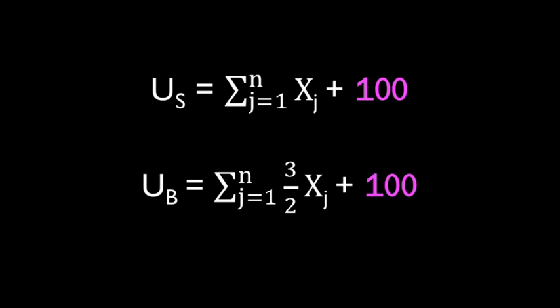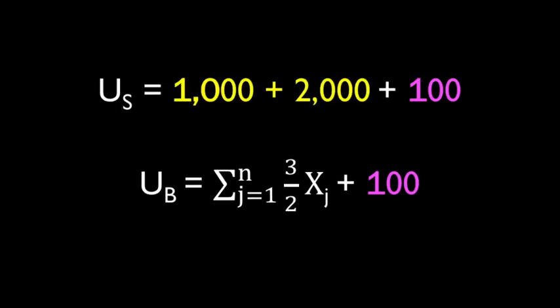If those two used cars were sitting on the seller's driveway, how much utility would he get out of them? Well, he'd get 3,000 units of utility out of them. So overall, his utility would be $3,100.